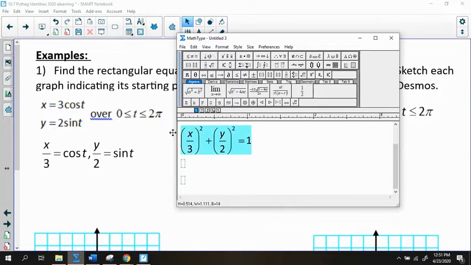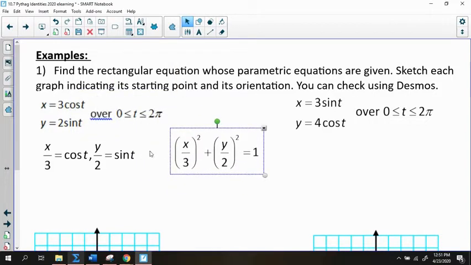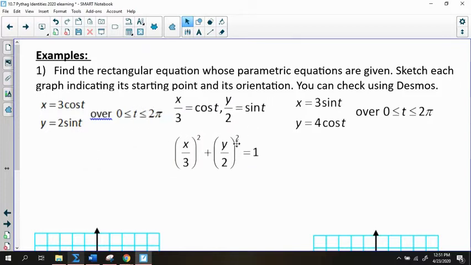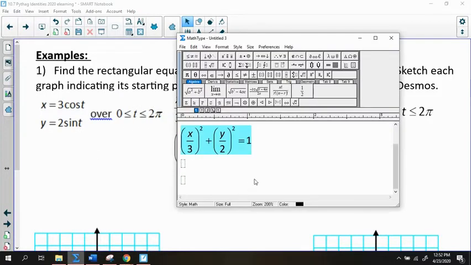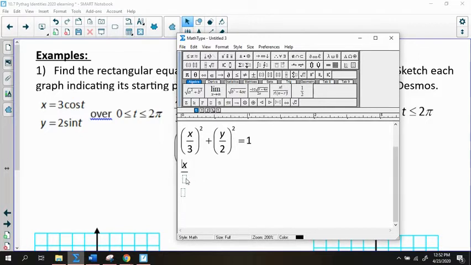I'm going to cut this. Okay, and then I want to make it look like something that hopefully you'll recognize when I retype it here. So if I square this, I'm going to do a couple steps here: x squared over 9 plus y squared over 4 equals 1.